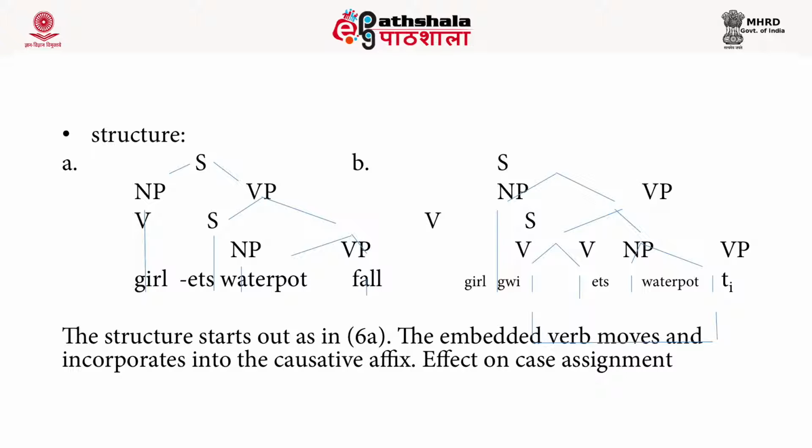If you look at structure B, there you have movement of this fall verb morpheme, which leaves its trace behind, and it moves to the causative affix in the higher verbal head where it gets incorporated to give us this complex gwa-its. The structure starts out as 6A, and the embedded verb moves and incorporates into the causative affix. This has subsequent effects on case assignment, which we won't be dealing with right now.